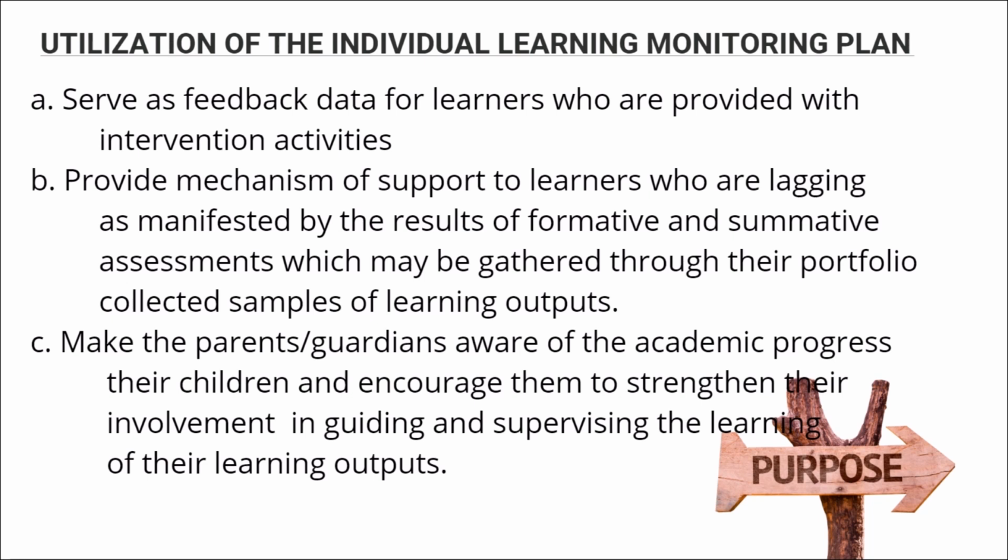So let's proceed. Letter C. Make the parents and guardians aware of the academic progress of their children and encourage them to strengthen their involvement in guiding and supervising the learning of their children. Now, this is very important. When we have strong communication with the parents, we tap into the power of the parents to influence the child's learning experience.